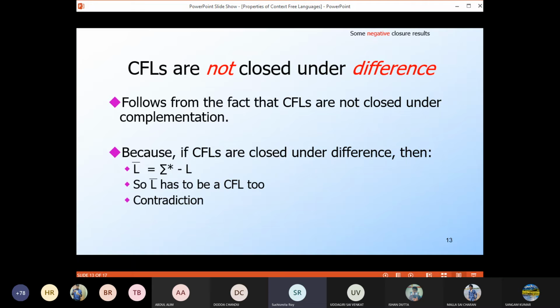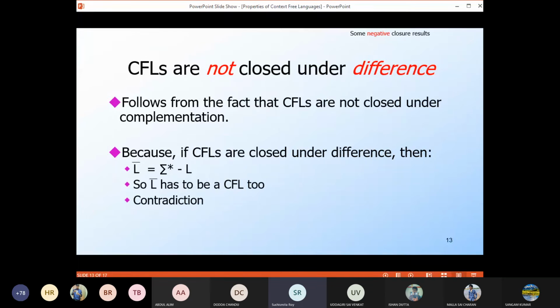If both L1 and L2 are context-free, then the difference L1 minus L2 is not context-free. But if L1 is context-free and L2 is regular, then L1 minus L2 is context-free.